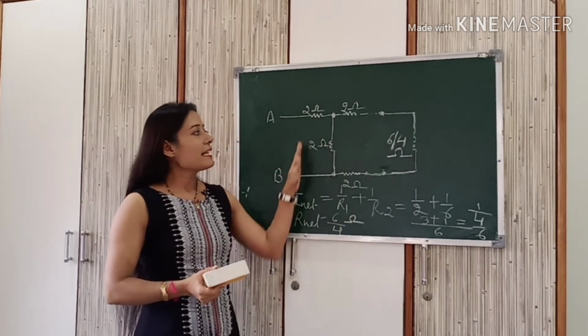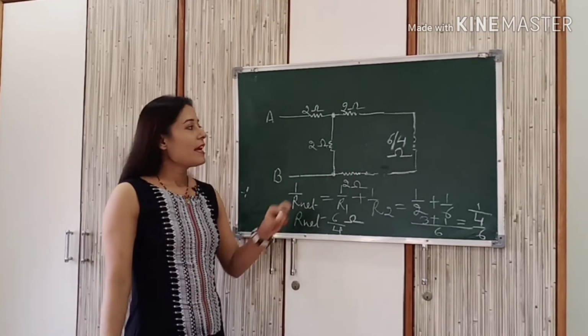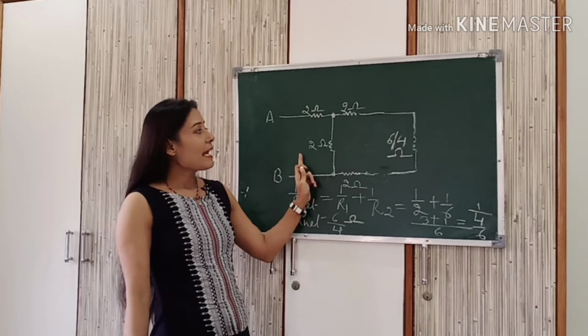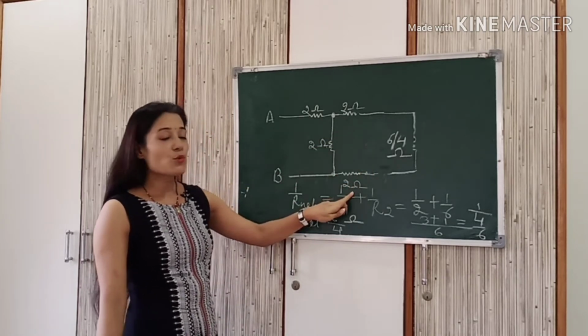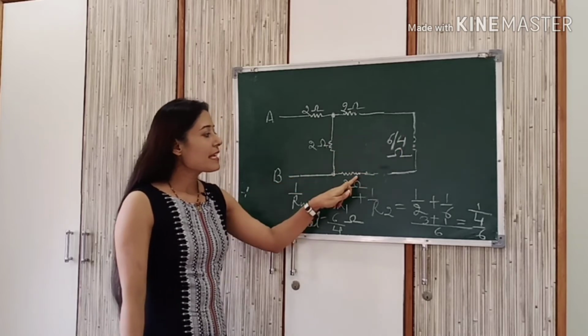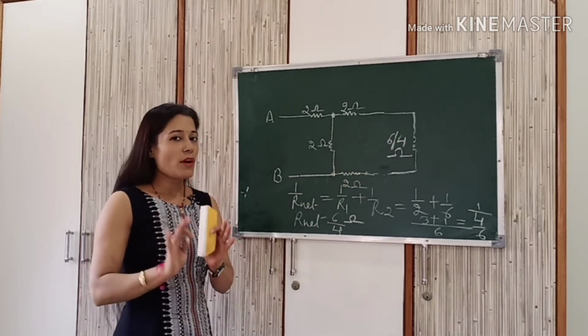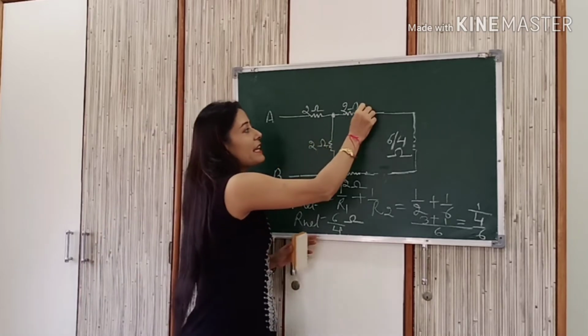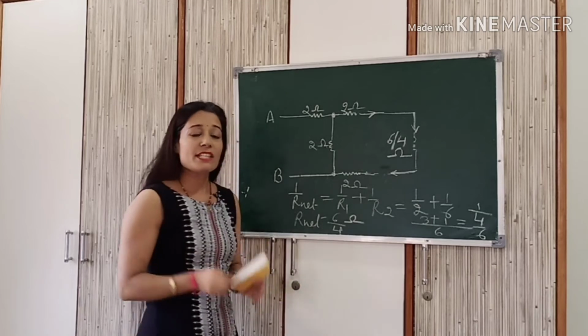Now the circuit has got simpler in comparison to earlier. Now we can see that 2 ohm, 6 upon 4 ohm and 2 ohm, all these three resistances are in series combination. How are these series combination? Because current is not getting divided at any point anywhere.